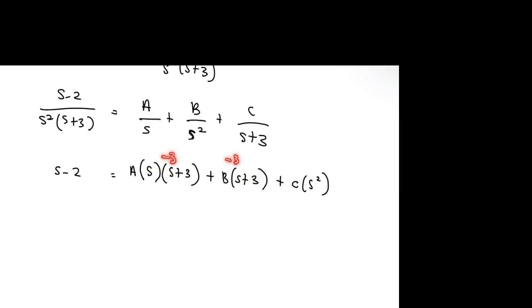Minus 3 minus 2 is minus 5. A is 0, B is 0, C will be minus 3 squared, so 9. So C is minus 5 over 9.